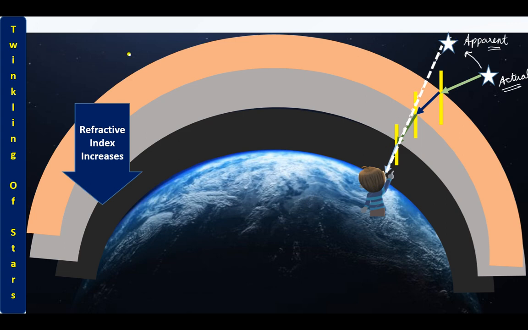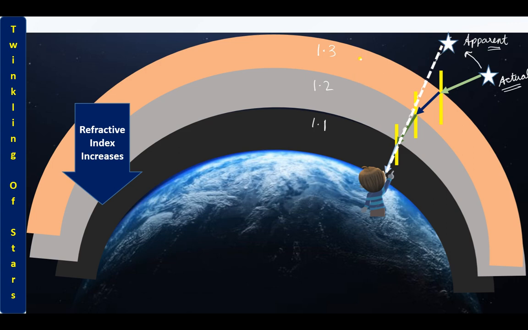Now still we haven't understood twinkling. We have just understood that the star appears over here. Now just consider this fact: the refractive index difference between these layers is not constant. Suppose here the refractive index was 1.3, here 1.2, and here 1.1, and we saw that the star is not here but here.